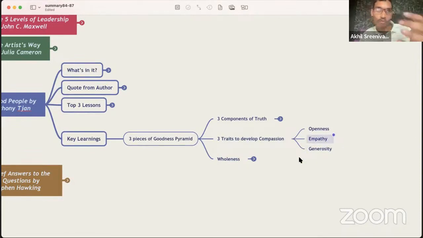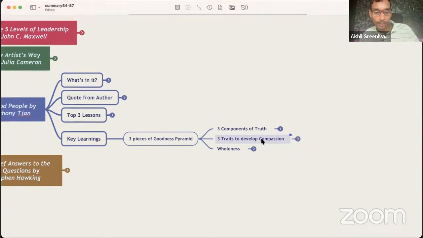Whenever you face some other person's difficulties or challenges, putting yourself in that person's place gives you empathy and rapidly builds the compassion. So these three traits you need to develop: be open to things, be empathetic, and be generous.